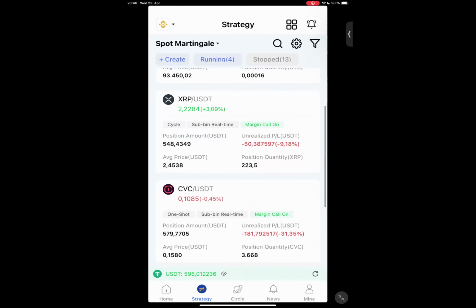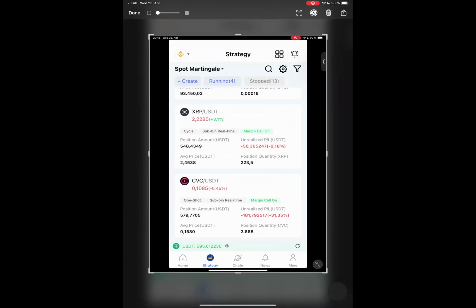All right. So loss is when you decide to sell your coin at a loss. That one you are losing. It's real loss. For instance, this loss you see here, this floating loss, we call it floating loss because the robot is not going to sell it at a loss. If the robot was to be designed to sell at a loss, I'm going to lose 50 out of 548.